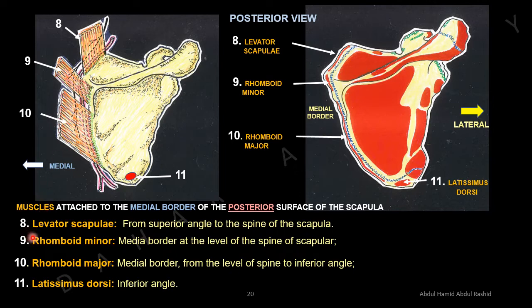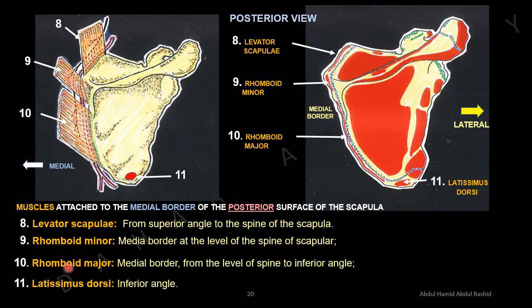Next is the rhomboid minor muscle. This is the rhomboid minor muscle, which is attached to the medial border at the level of the spine of the scapula. This is the rhomboid minor muscle attachment. This is the levator scapulae muscle attachment.